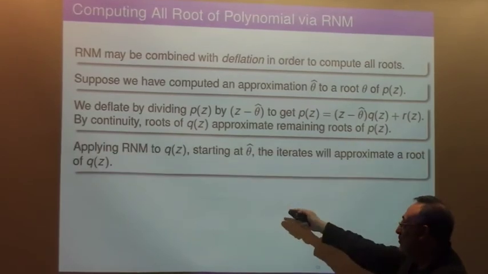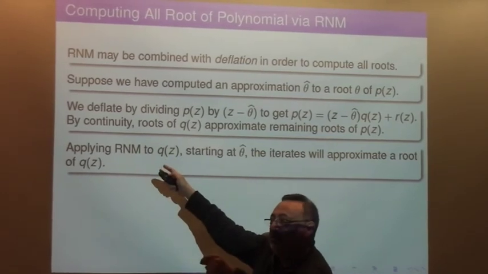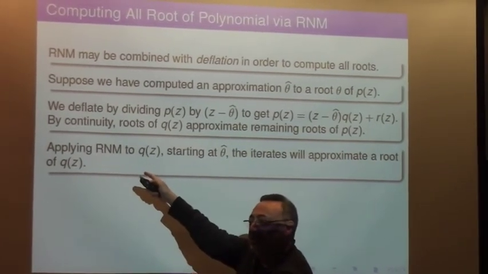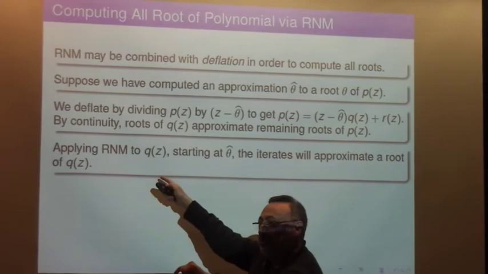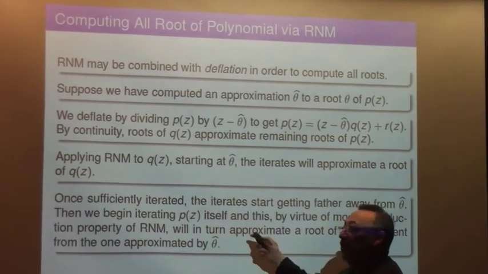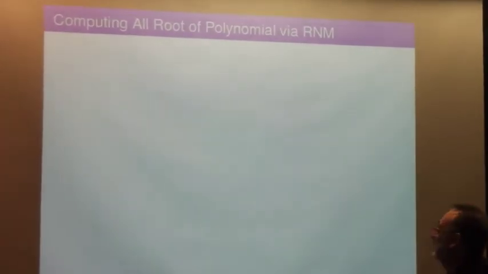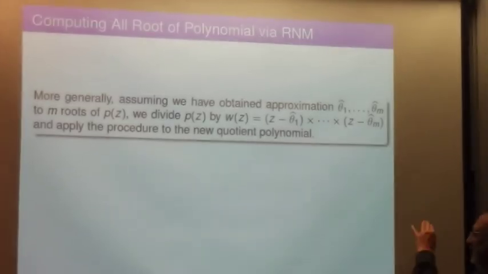So now I apply the robust Newton iterate to q of z. Once I've iterated enough, that root is going to get far away from the first approximation. Now I can go back to p of z and apply the robust Newton method again. And you can do this with all roots, in fact.